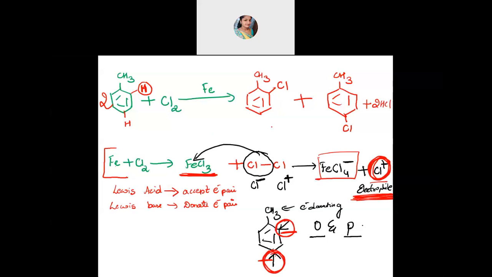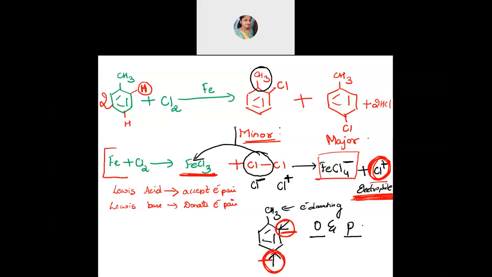Now, if you want to know which is the major and which is the minor product, let me tell you, ortho products are usually the minor one, and para products are usually the major one. The reason is the steric factor. Steric factor is where one group is already present at the neighboring site. Here already one CH3 is present, occupying this much space. So for this chlorine to go and attack over here is a little difficult.